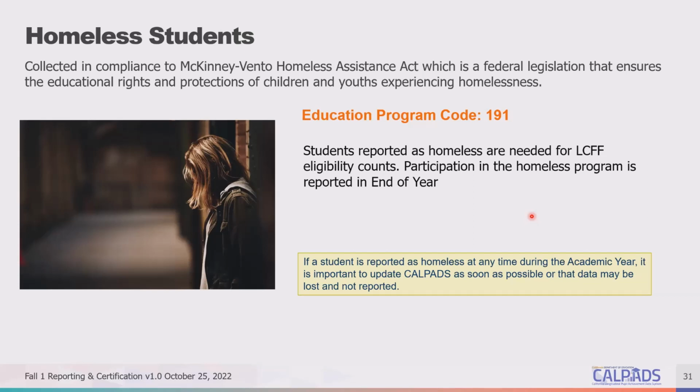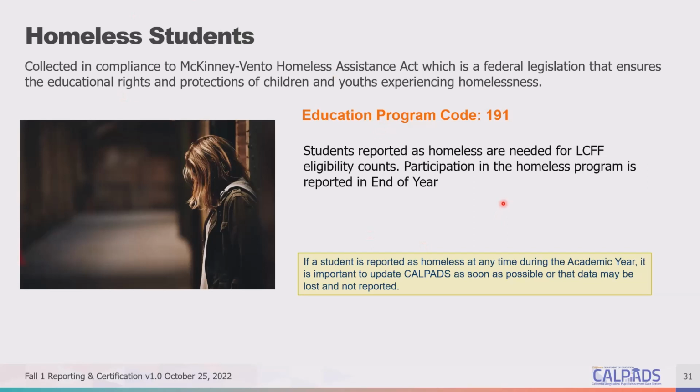So as soon as any program eligibility is available, regardless if it's collected in Fall 1 or end of year, report that in CalPAS. That way you are able to report the data to CalPAS and have your students counted.